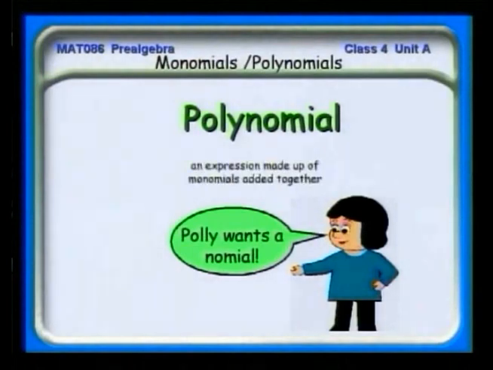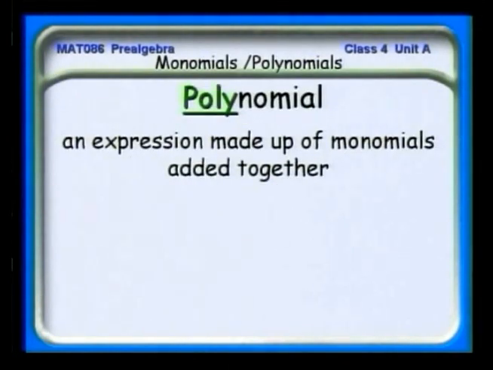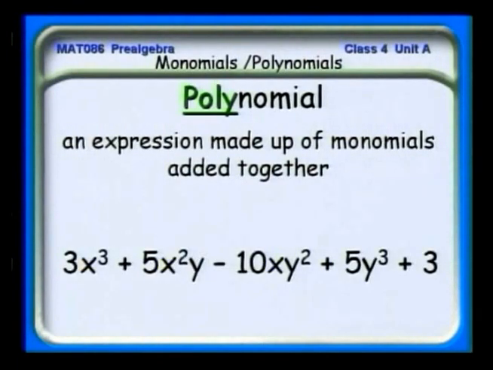Now, a polynomial is an expression made up of monomials added together. And remember, by saying added, we could also say adding the opposite, we could have a minus sign, in which case we're adding the opposite if we're dealing with that on the number line. Let's look at one. That's a polynomial.